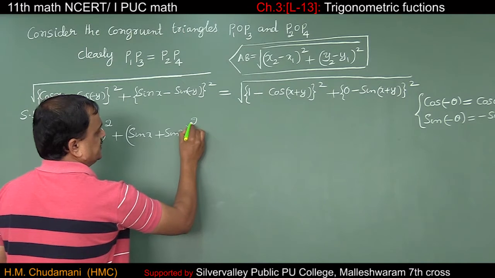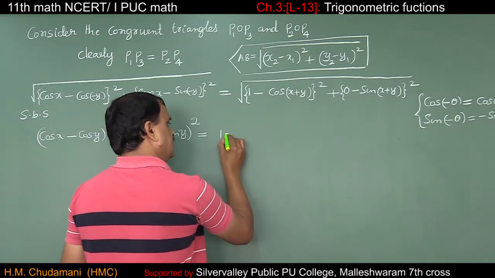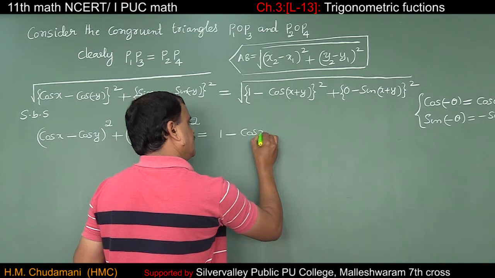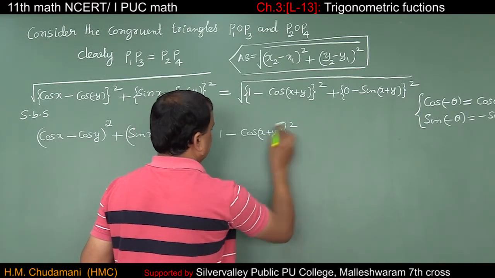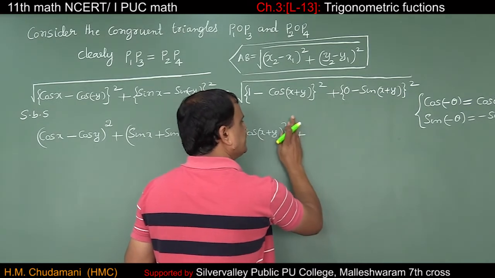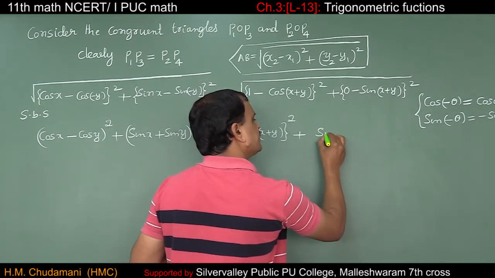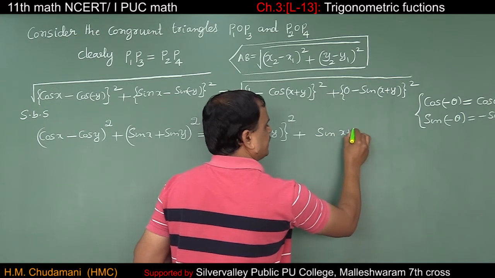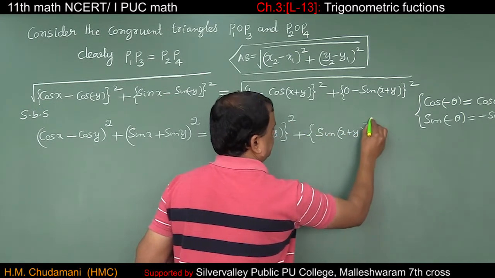Sin x plus sin y the whole square is equal to 1 minus cos of x plus y the whole square, plus minus sin theta whole square means sin square theta only, sin of x plus y the whole square.